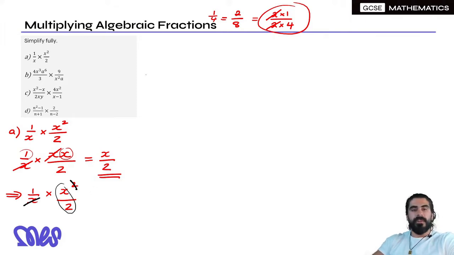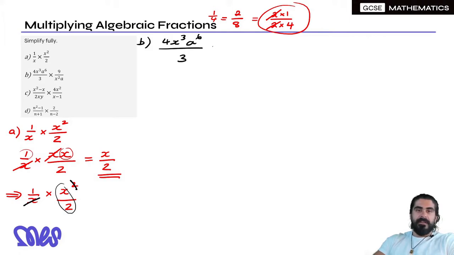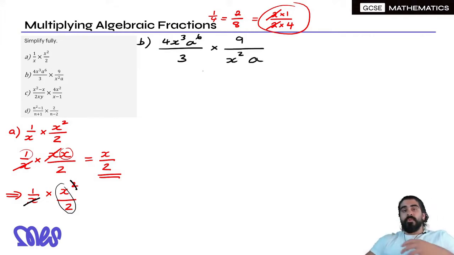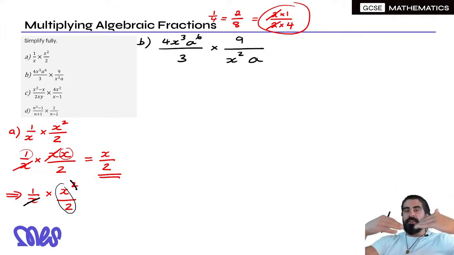So let's see how that works with part B. So we have 4x cubed a to the power of 6 over 3 times 9 over x squared a. Now you want to look in the diagonals basically, or you're just saying, look, what's on the top and what's on the bottom?